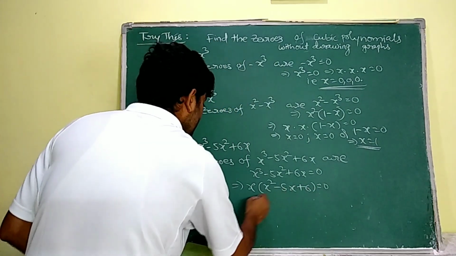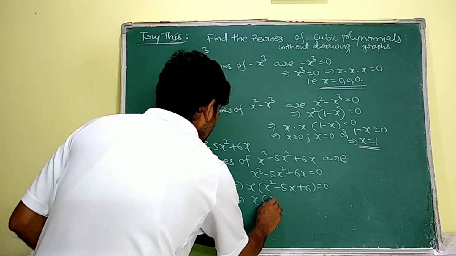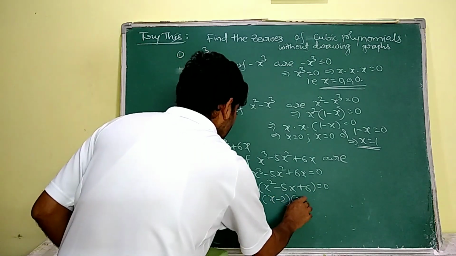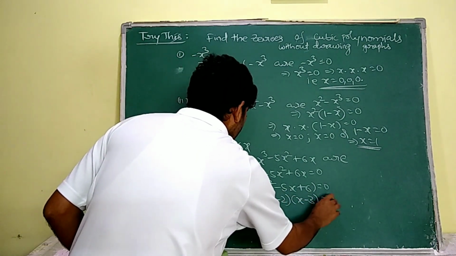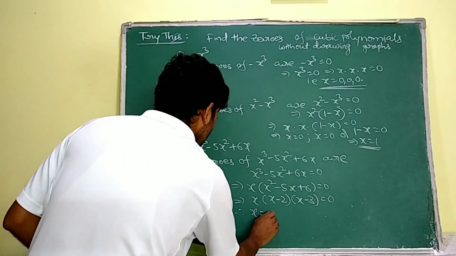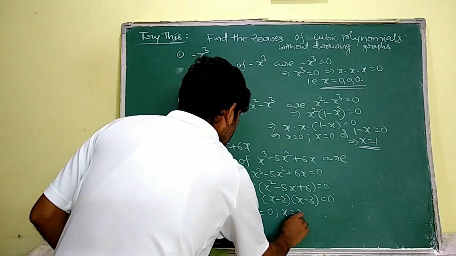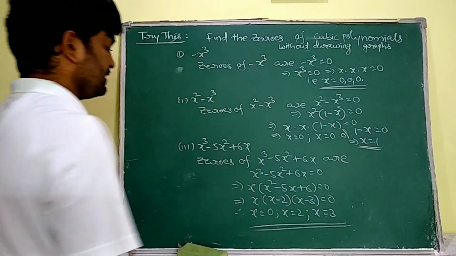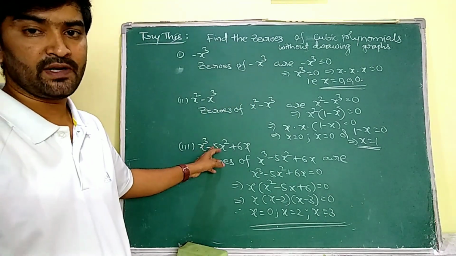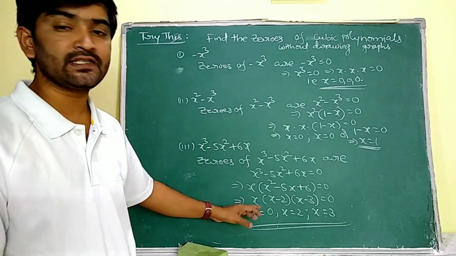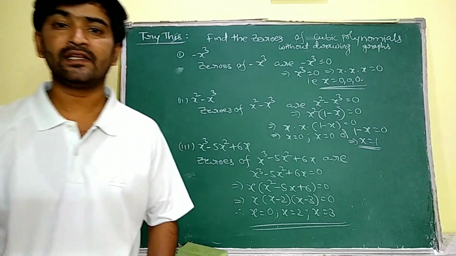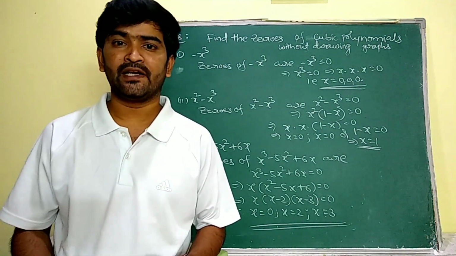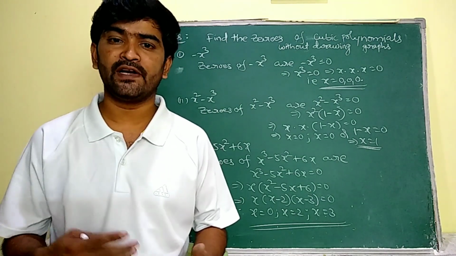Factorize this one, I am going to write directly, that is x into x minus 2 into x minus 3 is equal to 0. Then x is equal to 0, x is equal to 2, x is equal to 3. So these are the three zeros of this polynomial. Why? Because its degree is 3, that's why it is having three zeros. In this way we are going to obtain the zeros of any polynomial of any degree.